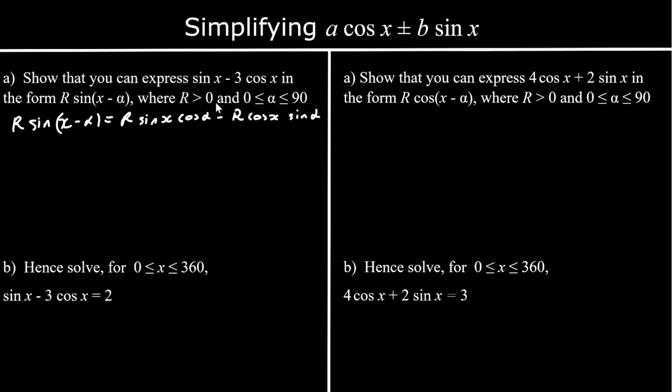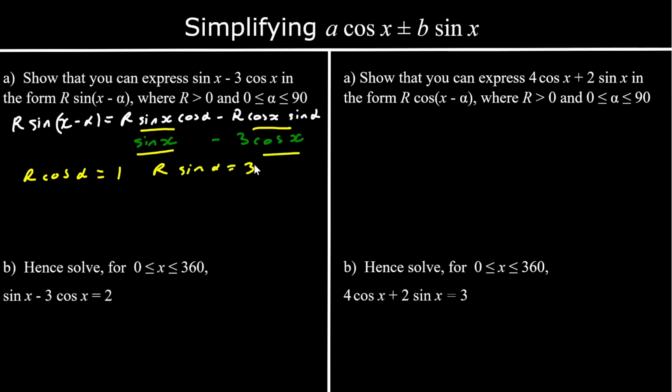We're going to compare that to sine x minus 3 cos x. So r cos alpha has to be equal to 1. And these have both got a cos x. What's left? R sine alpha equals 3.